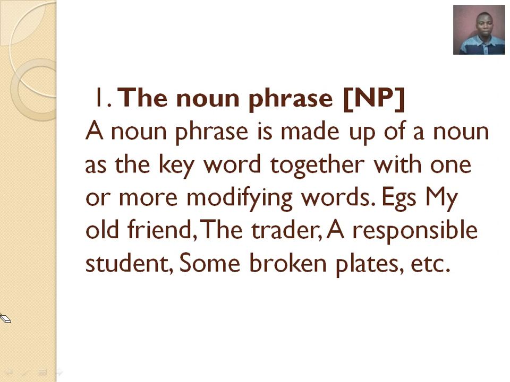Some examples of noun phrases are displayed on the screen for your consumption: my old friend, the trader, a responsible student, some broken plates, etc. Now the key words in these examples are friend, trader, student, plates. Those are the key words, and they are all in the word class called noun. That is why they are classified as noun phrases.